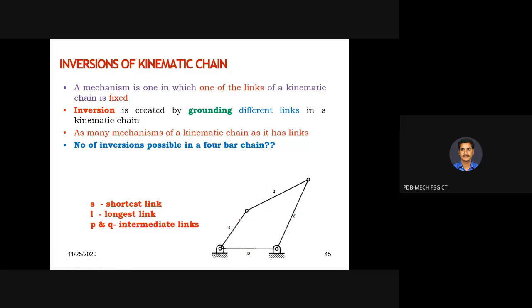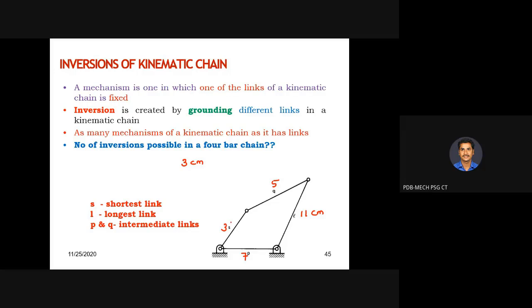Now, normally 4 links are used in a 4-bar mechanism. Out of these, one will be the shortest link and another will be the longest link, and the remaining 2. For example, if S is 3 centimeters and L is 11 centimeters, and the others are 5 and 7 centimeters.